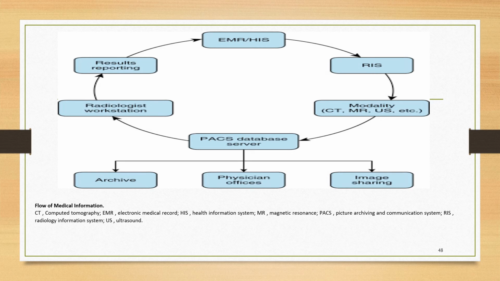The picture archiving and communication systems then organizes medical images for review by a radiologist or other healthcare providers, as well as long-term storage. The technical standards involving the organization and communication of these systems will be discussed.